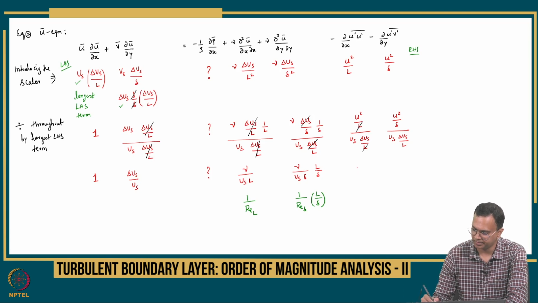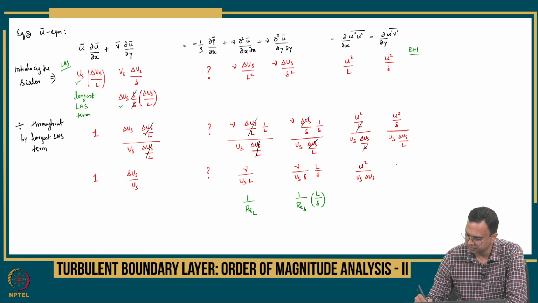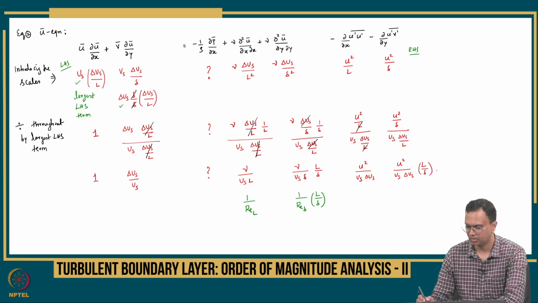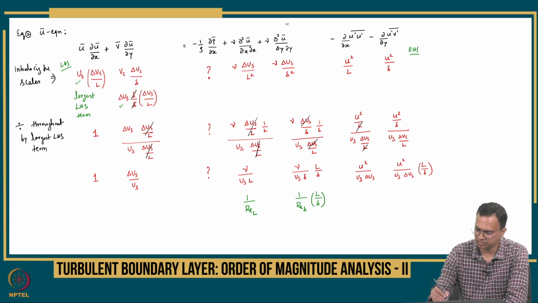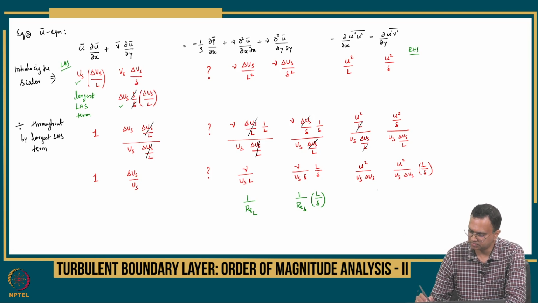We have this turbulence term, which is U square by U_s delta U_s, and then you have same U square by U_s delta U_s L by delta. Okay, so I have the term in between these two, which is larger, obviously the last term.